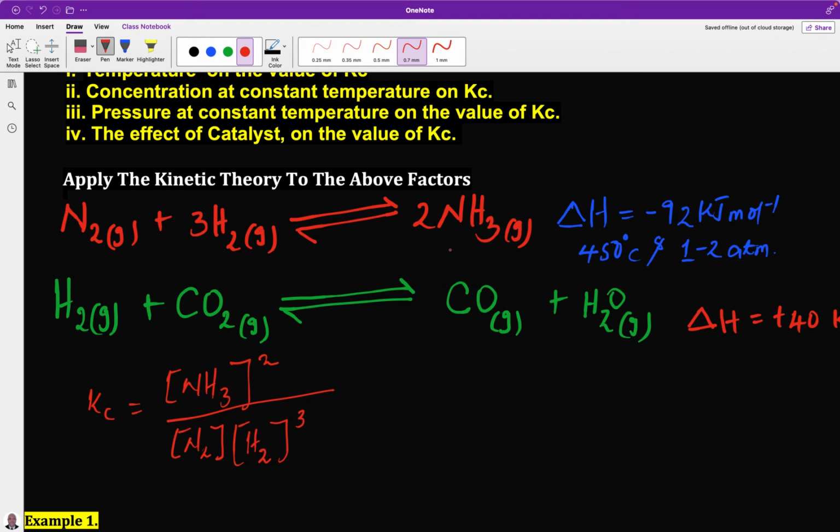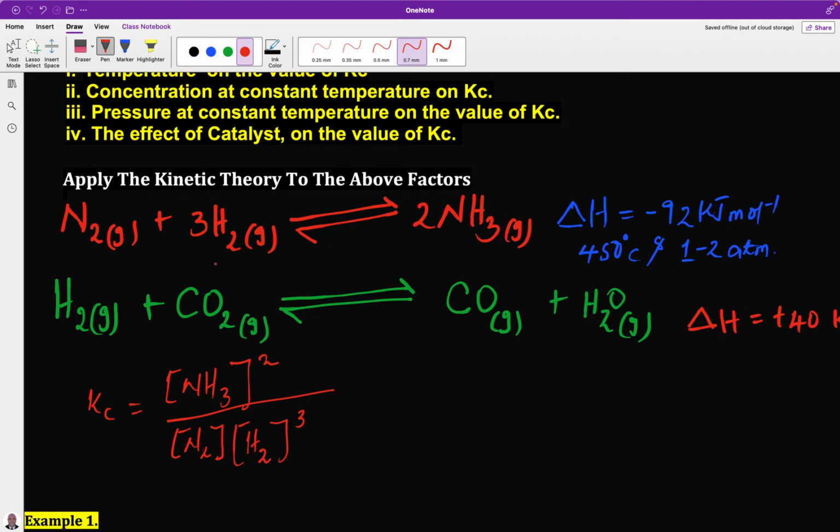So if the pressure is decreased, what happens? In order to increase the pressure, the equilibrium will shift to the direction of more gaseous molecules. There are 4 moles here, and there are 2 moles here.